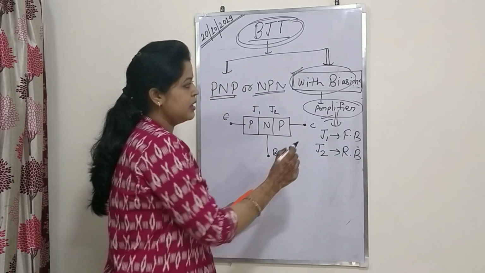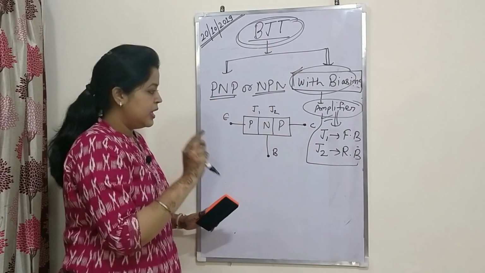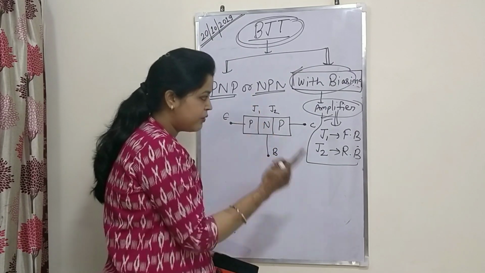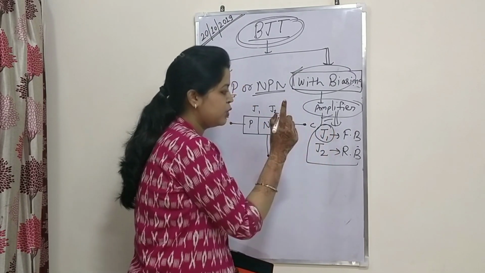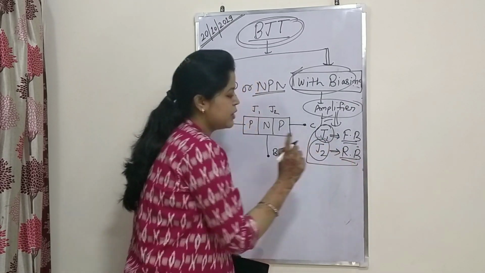I am again repeating that in order to design an amplifier with the help of a transistor, here you have two junctions, and in order to apply supply here, firstly with the J1 junction you will have to go with forward biasing, while the J2 junction will be reverse biased.